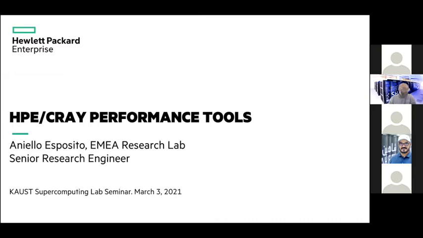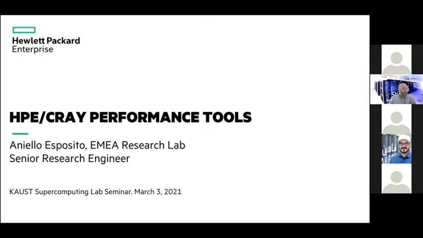Agnello is responsible for the Center of Excellence and collaboration with KAUST, and among other activities in the field of supercomputing, he's involved as an expert in application analysis for European procurement. He's part of the algorithm track technical committee of the SC conferences.